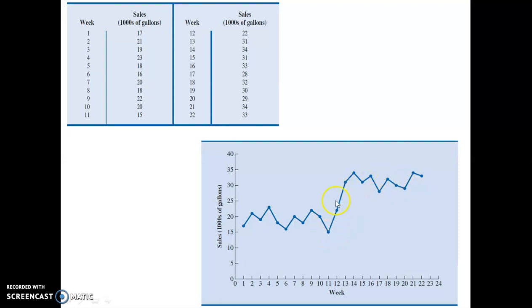So we can see the differences. By looking at the table and the graph, we can understand what is happening in the beginning weeks, the ending weeks, and the middle weeks, where we have huge variations and where we have sudden variations. This will help you to forecast our product sales.